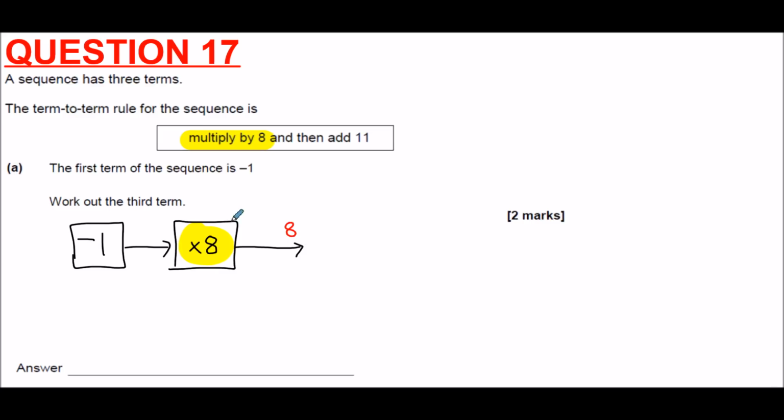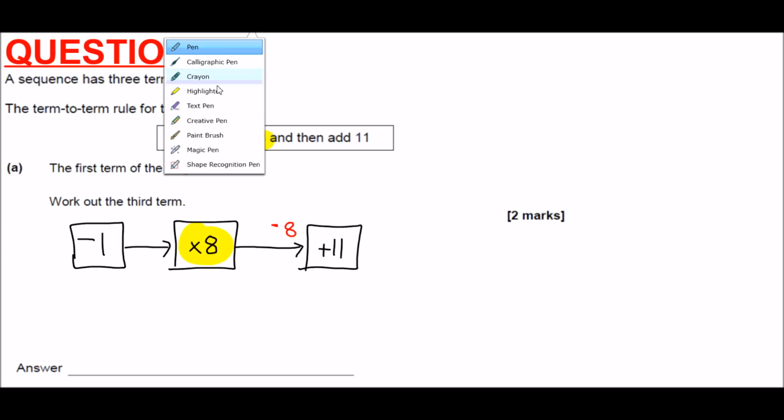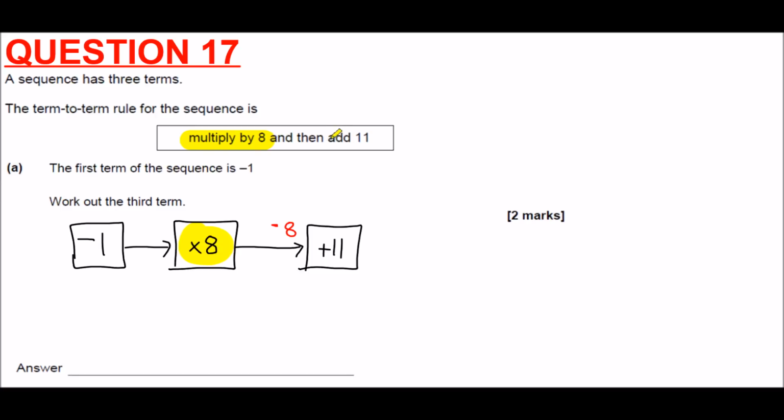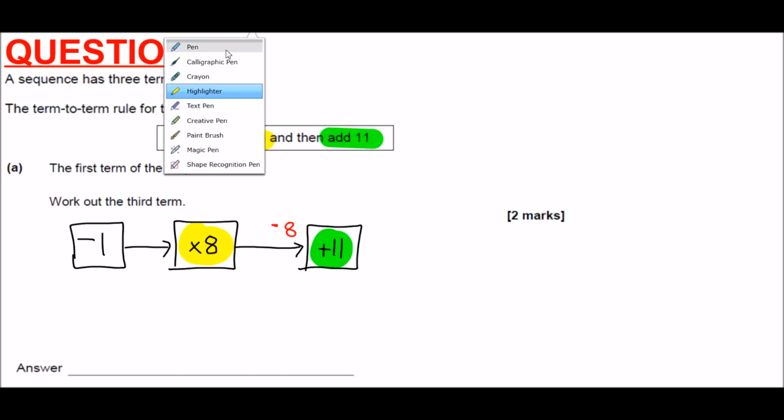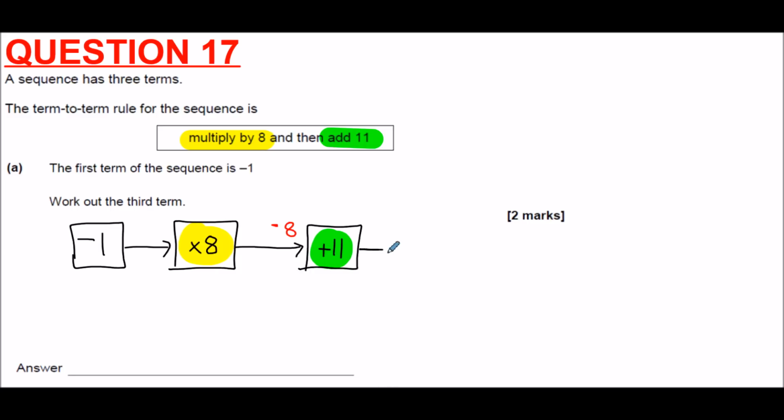So -1 multiplied by 8 would be -8. The next step, we're told to add 11. So minus 8 plus 11. Minus 8 plus 11 would actually be 3.